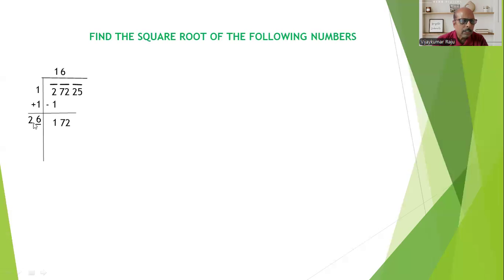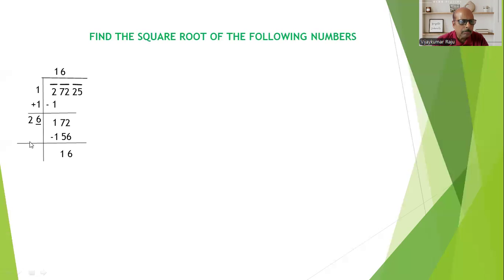So this is 6. I have taken 6 here. So 26 into 6. How much is it? 156. 6 6s are 36. 3 remainder. 6 to 12, 13, 14, 15. So if you take 7, it will become bigger. So 1. Subtract it.